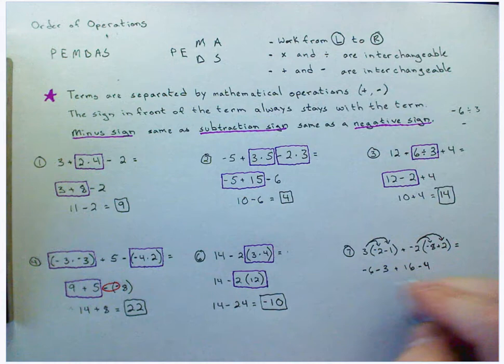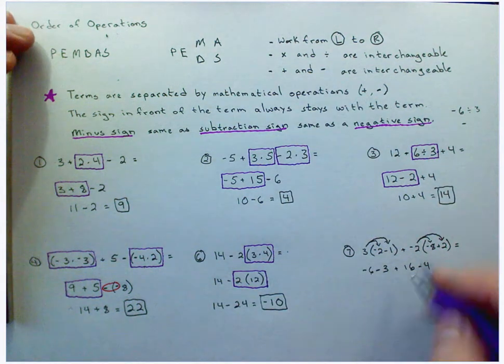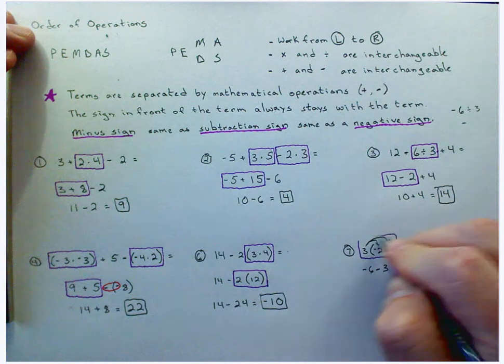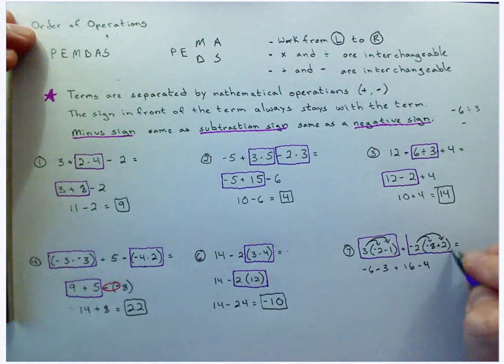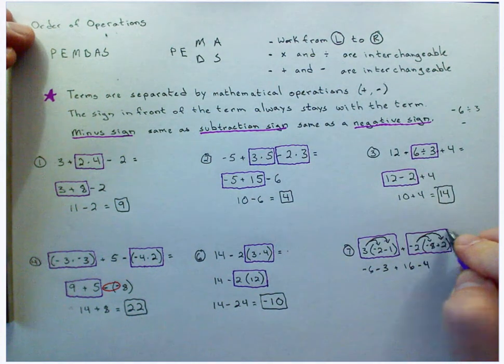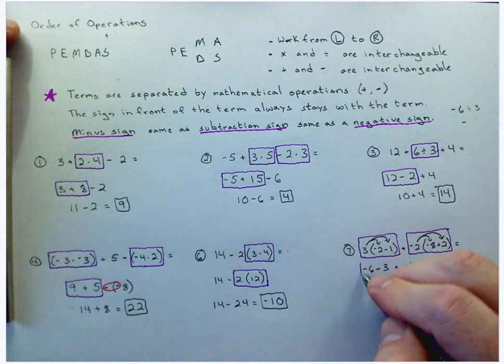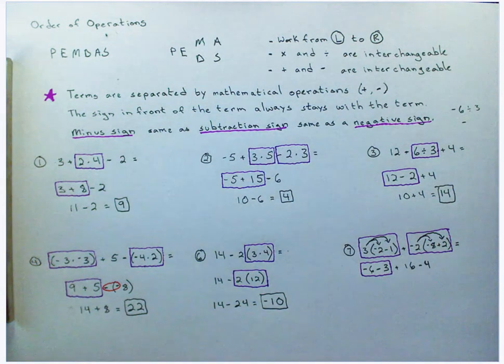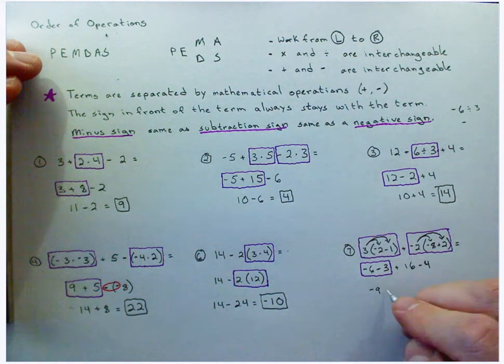I have nothing but addition and subtraction here, so this is how I can work from left to right. I'm sorry, I should have boxed those. These would be the first things that I work on. I removed my parentheses, and I did it through the distributive property. Now I just work from left to right as I work my way through, and I'll work this one another way also. -6 minus 3 is a -9.